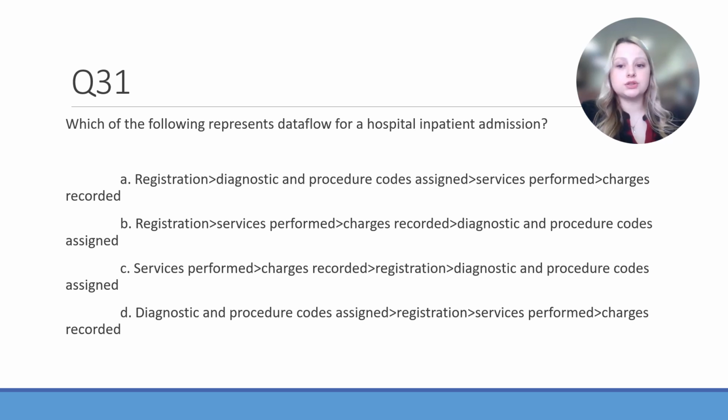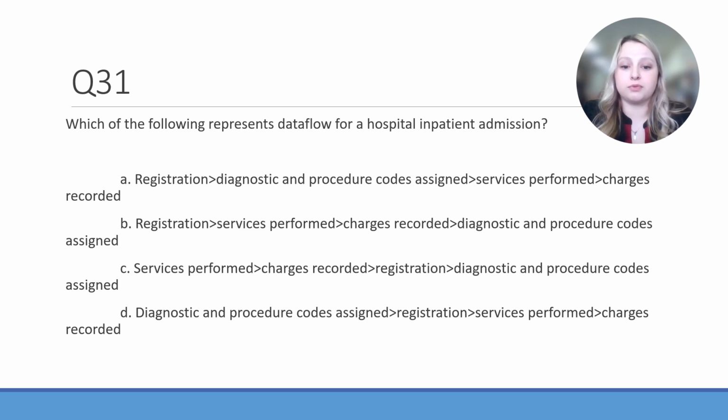Moving along to question 31, which of the following represents data flow for hospital inpatient admission? A. Registration, diagnostic and procedure codes assigned, services performed, charges recorded. B. Registration, services performed, charges recorded, diagnostic and procedure codes assigned.